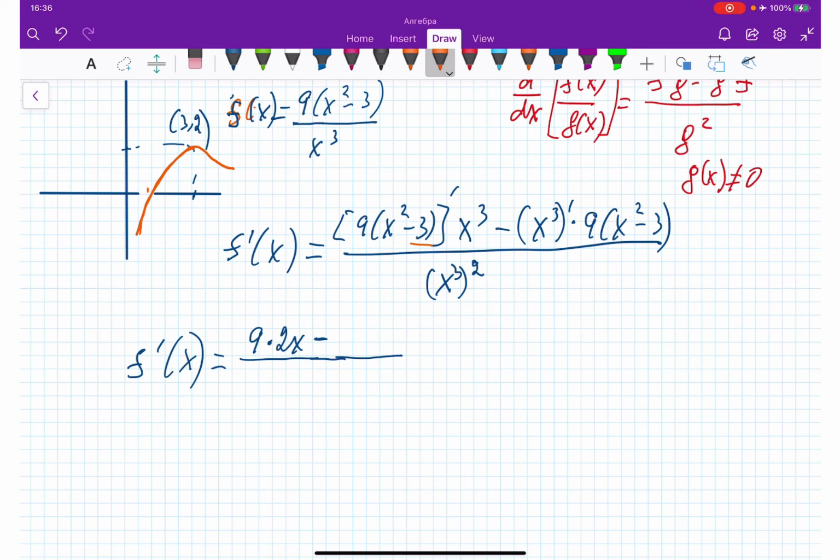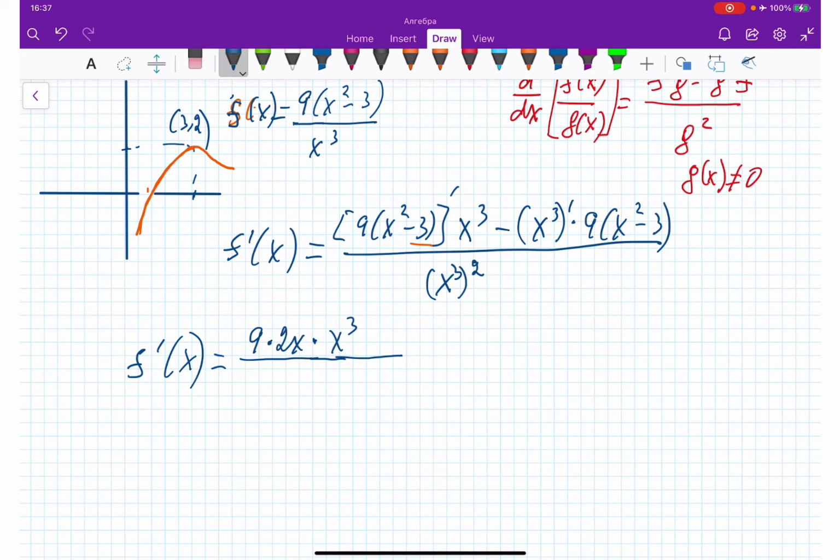Therefore 9 times 3 is gonna be 0, right? Or we don't have to put anything, and that's all multiplied by x cubed.